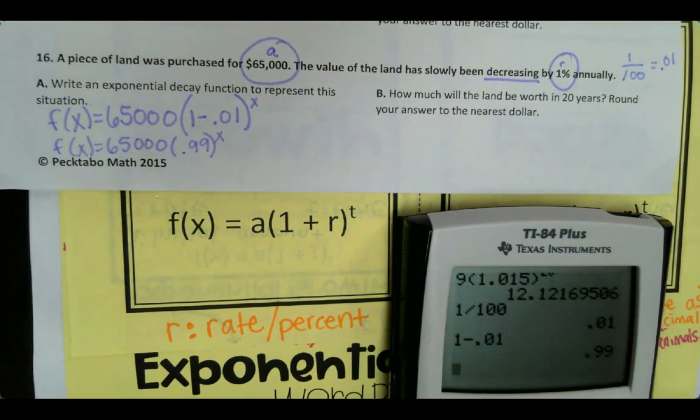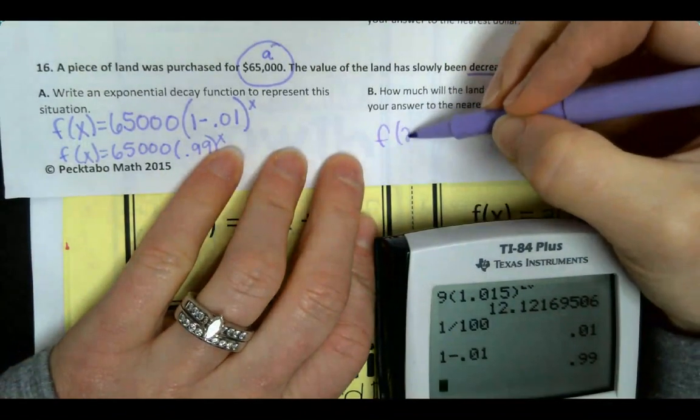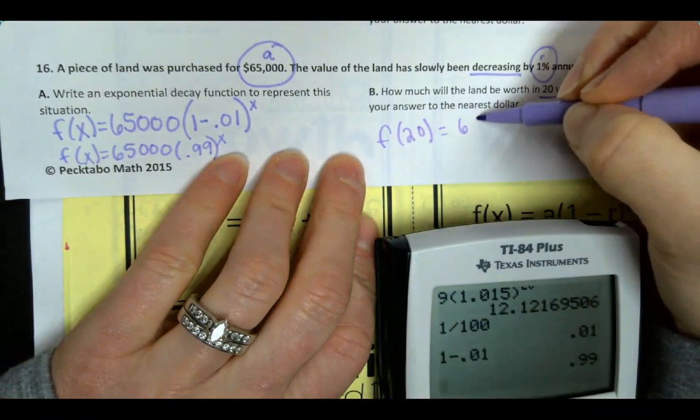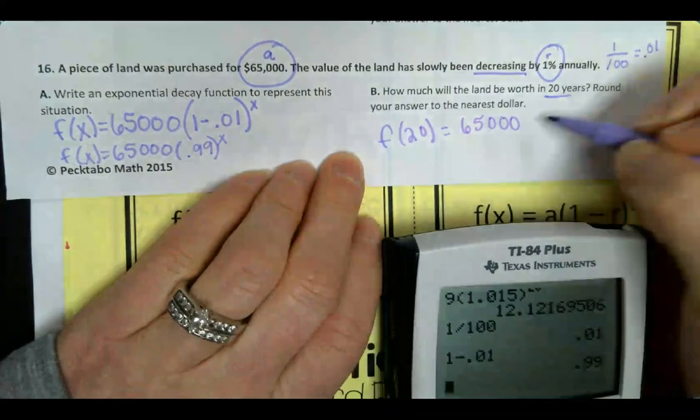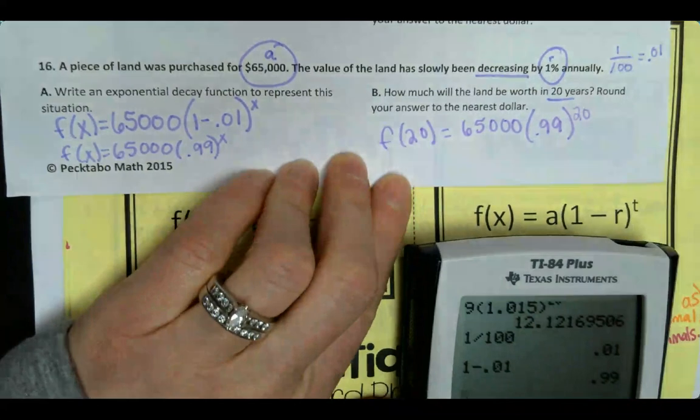So go ahead and substitute in 20. All right, so we are going to do 20 years, so f of 20 equals 65,000, and then 0.99 raised to the 20.